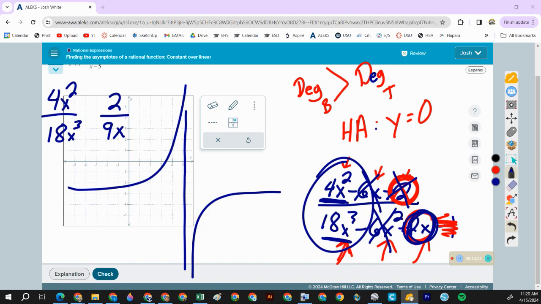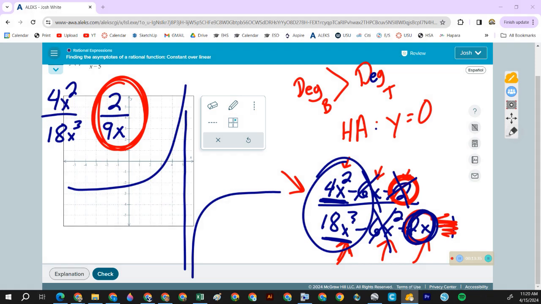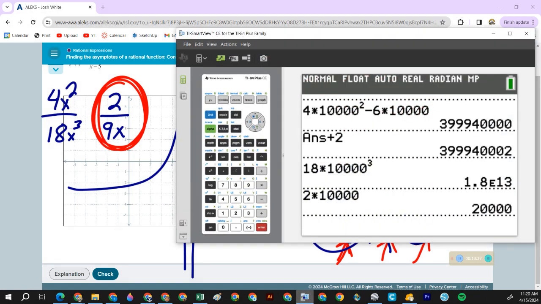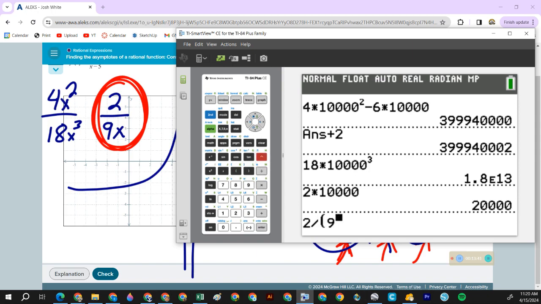So this graph here on the far, far right is going to look a lot like that. Well, what happens when I plug a really big number into 2 over 9x? So let's type that in. So 2 divided by 9 raised to 10,000.